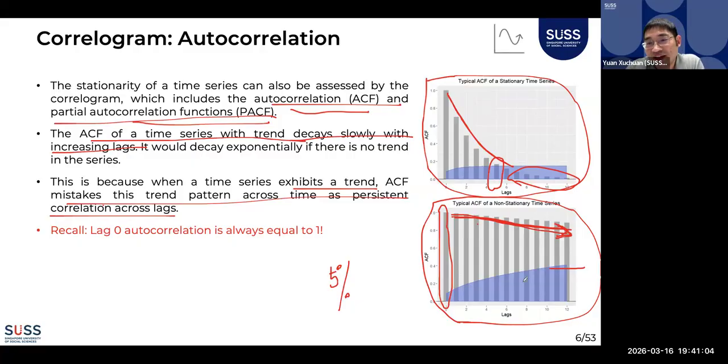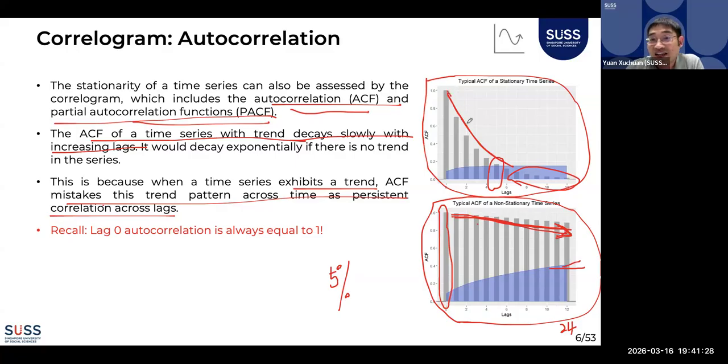Here, remember, for the time series with trend, even if you go up to lag 24, even 36, the autocorrelation will still be beyond the 2 standard deviation range. So we say they decrease slowly or decay slowly.